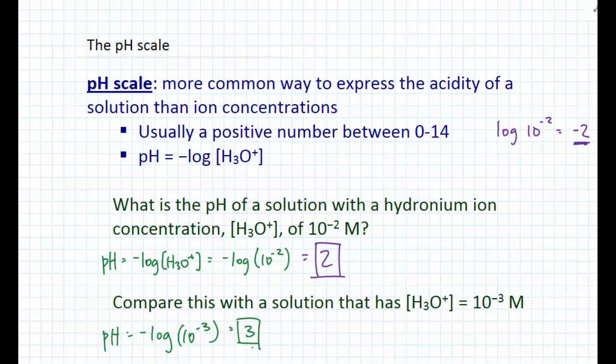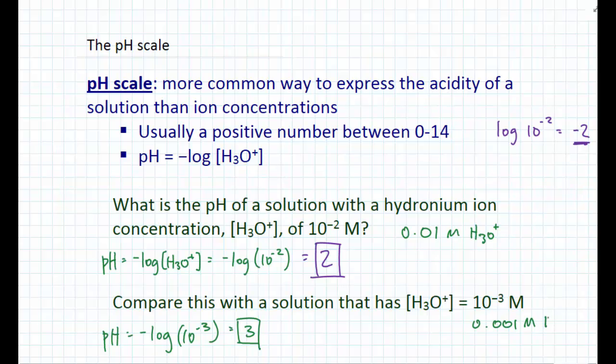Now, I think you guys know which way the pH scale goes. So which of those is more acidic? 2. Yeah. But now look at these concentrations, 10 to the minus 2 or 10 to the minus 3. Which of those is more hydronium? If we write out those numbers, 10 to the minus 2 is 0.01, and 10 to the minus 3 is 0.001 molar.